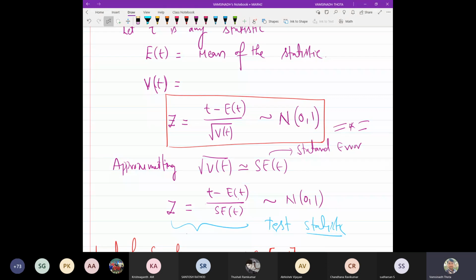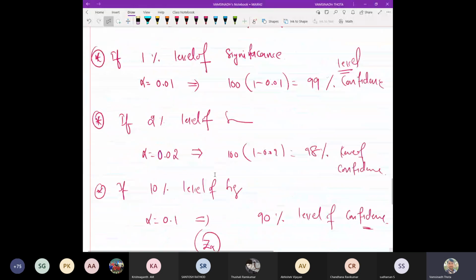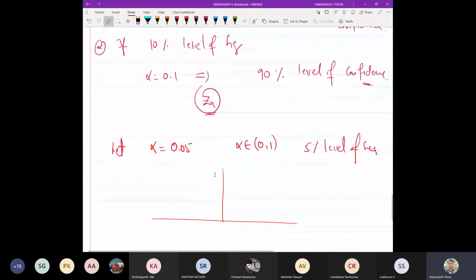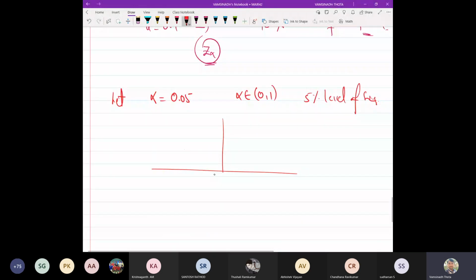Maybe we will come across other distributions where the test statistic does not follow the standard normal distribution, but the concept is the same. That is where you should understand here. For example, if the test statistic follows the standard normal distribution (0, 1).